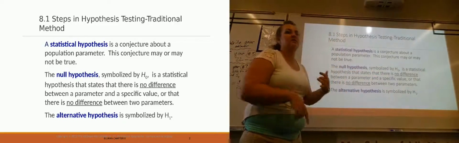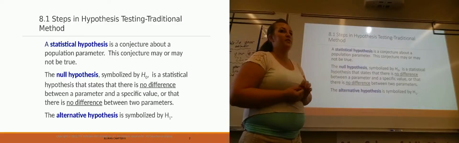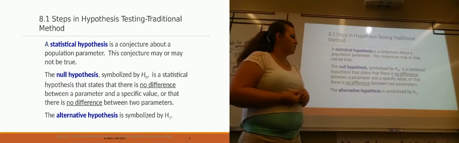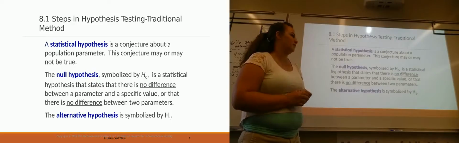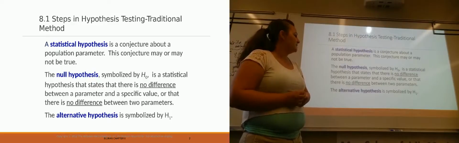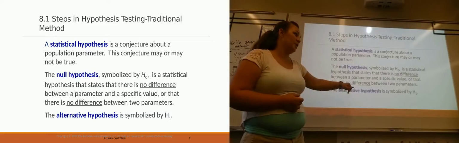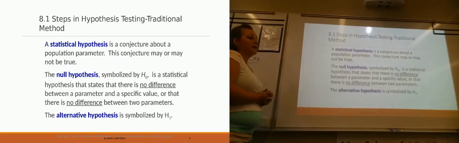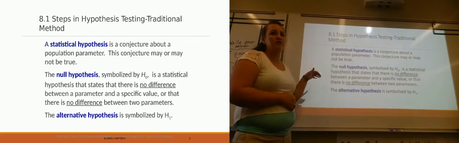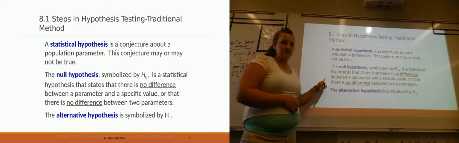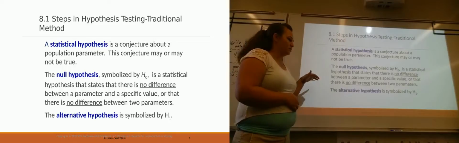Sometimes, like in science, it's H naught, or anything with that zero underneath. It's a statistical hypothesis that states there's no difference between a parameter and the value that they gave you, basically. I'll show you what that looks like. That's really wordy for something that is not as gross, so sometimes the words are worse.